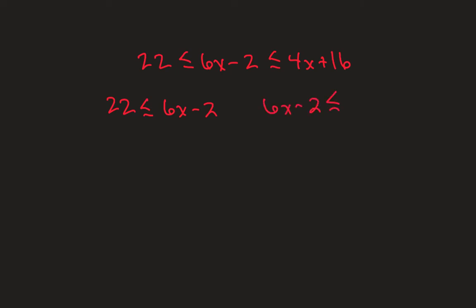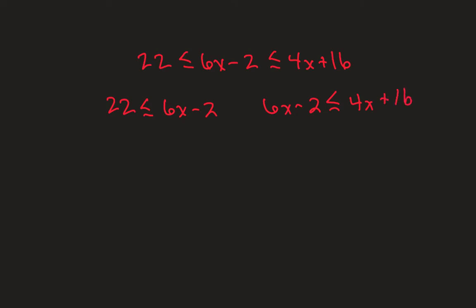And this one we have 22 is less than or equal to 6x minus 2 is less than or equal to 4x plus 16. Now I'm going to separate this into two separate inequalities because that's just the most productive way of solving this.